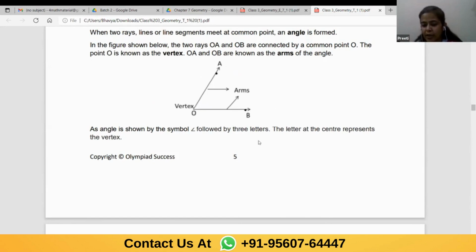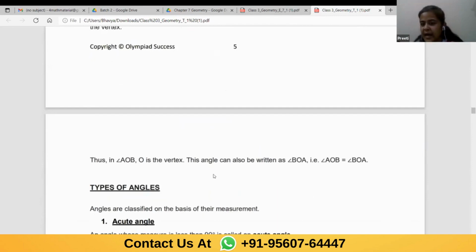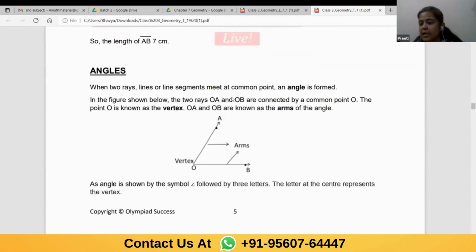So suppose you have to name this angle, you can either call it AOB or you can call it BOA. But the vertex will always be in the center.